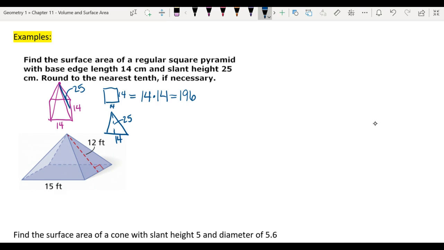How many of these triangles are there in a square pyramid? There's 4 in a square pyramid. There's 3 in a triangular pyramid where the bottom's a triangle. So you would do 1/2 base times height, which is your slant height, and then multiply that by 4. You solve that, you're going to get 700.